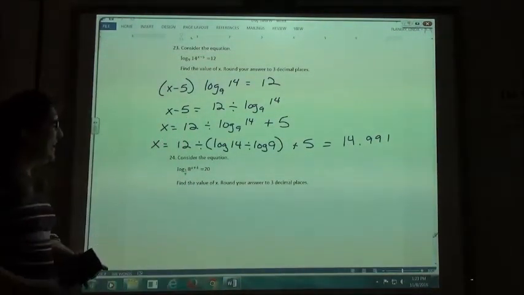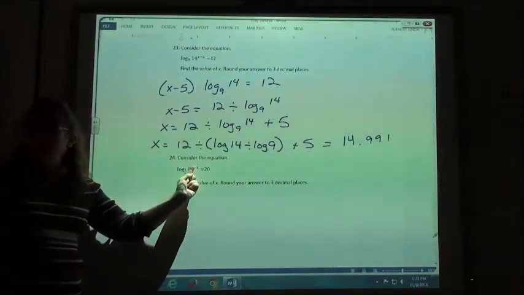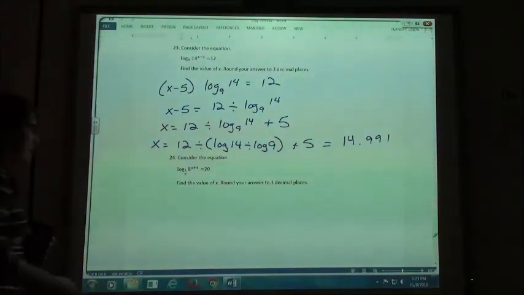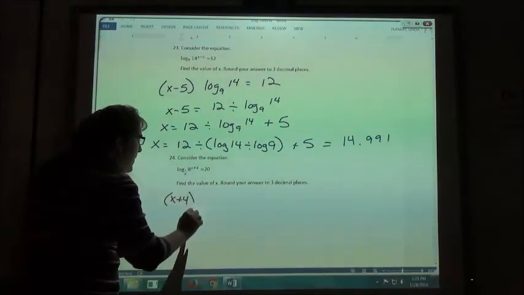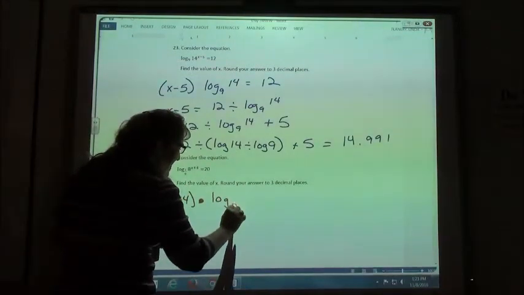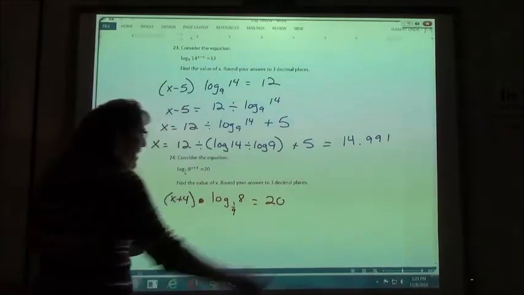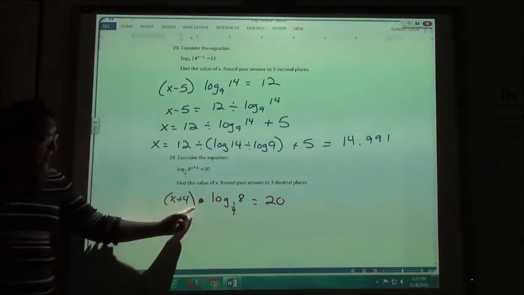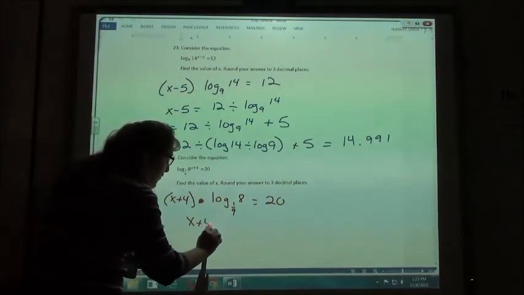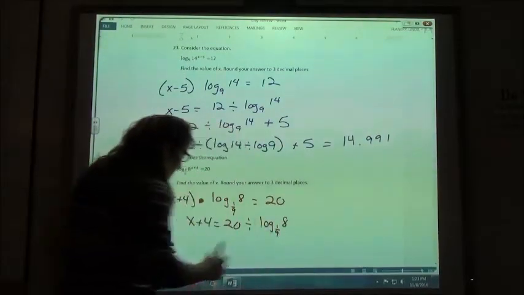So, anytime you work with a logarithm and the variable is in the exponent, you're going to put that exponent out in front so that your variable is no longer in the exponent. So x plus 4 times log base 1/9 of 8 equals 20. Then to get this by itself, since this was multiplied by that, we're going to divide by that. x plus 4 equals 20 divided by the log base 1/9 of 8.